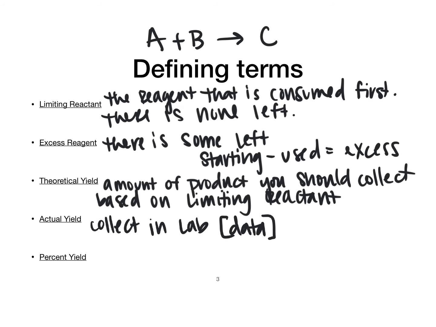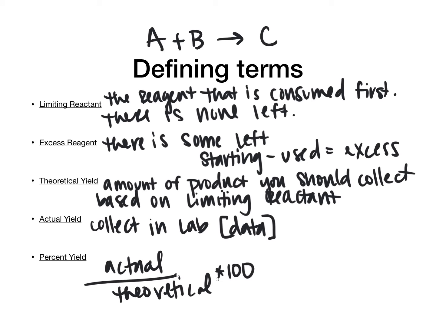And so this allows us to calculate the percent yield, which is the actual divided by the theoretical multiplied by 100. And so this shows how well the reaction went.